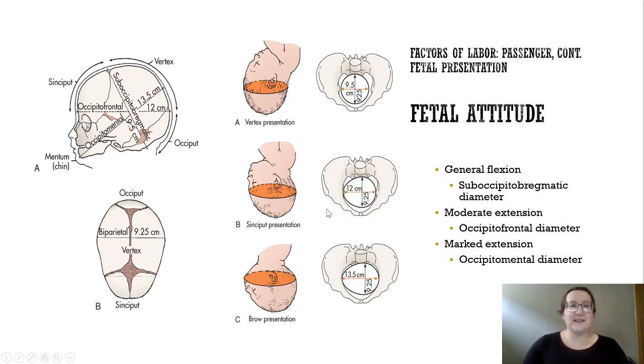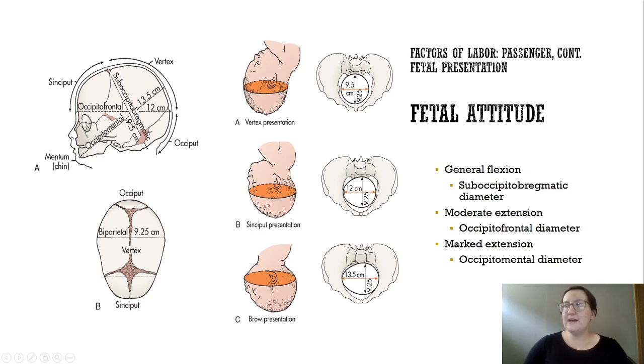So that's what I think of when I hear attitude. But this is really referring to the relationship of fetal parts to one another. For some babies, it is literally how they form within the womb, and how the fetus conforms to the shape of the uterine cavity. Other times it's in relation to the fetus's growth.